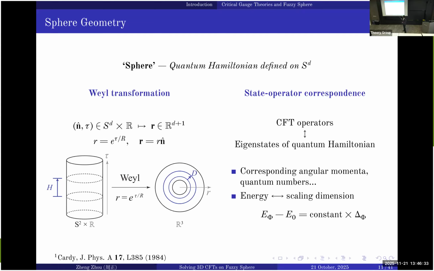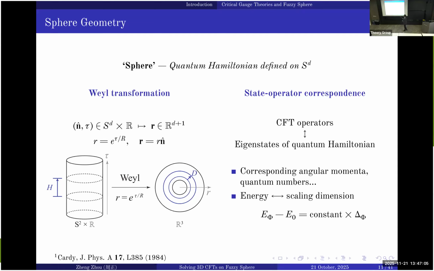The most important one is the state-operator correspondence, which states that each CFT operator has a one-to-one correspondence to an eigenstate of the quantum Hamiltonian on the sphere. So the eigenstate and the CFT operator have corresponding angular momenta. They have corresponding quantum numbers under global symmetry.